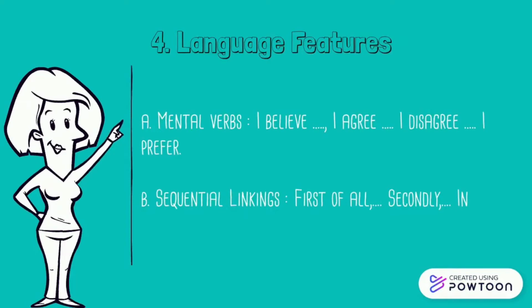The examples of mental verbs are I believe, I agree, I disagree, I prefer, and etc. Besides, mental verbs can be used to describe perception. For example, we can use the words see, feel, love, worry, think, and etc.